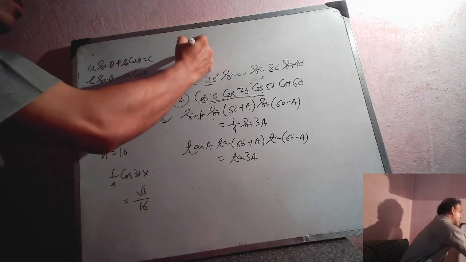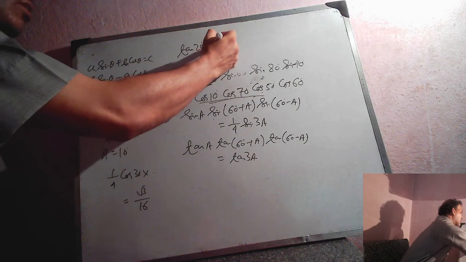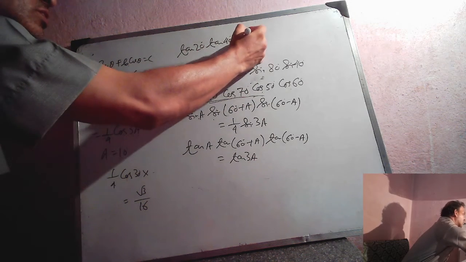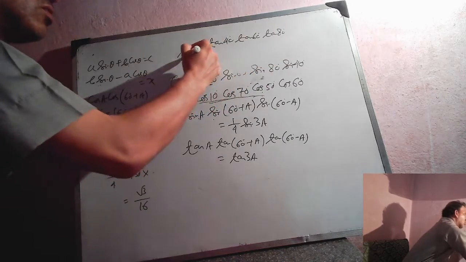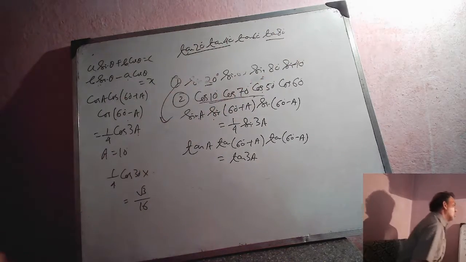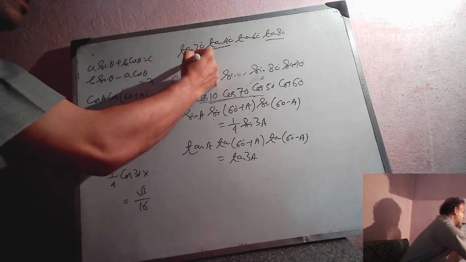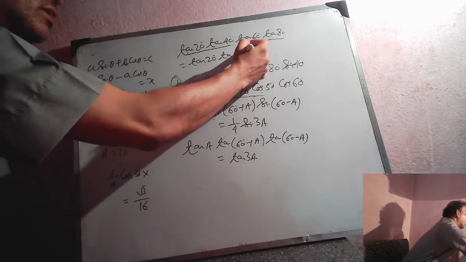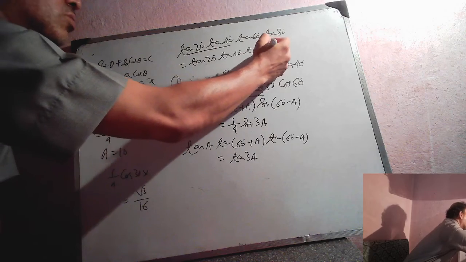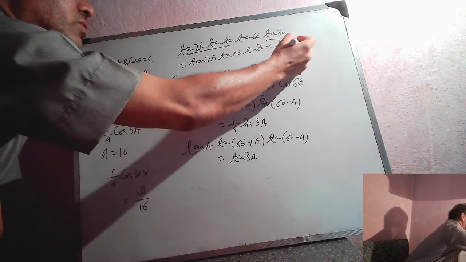So what will be the value of tan 20, tan 40, tan 60, tan 80? Write it as tan 20, tan 40, tan 80 into tan 60.